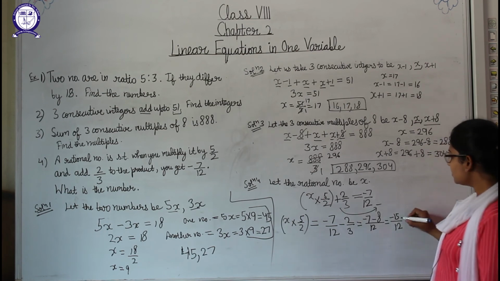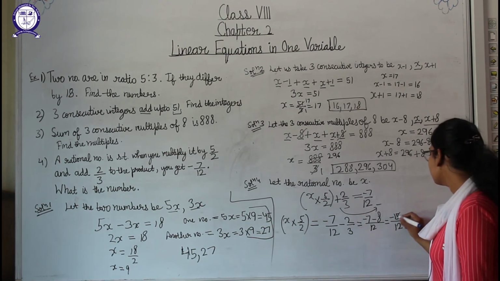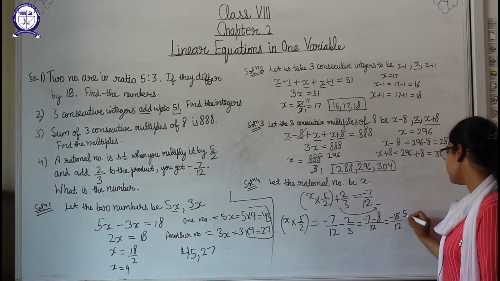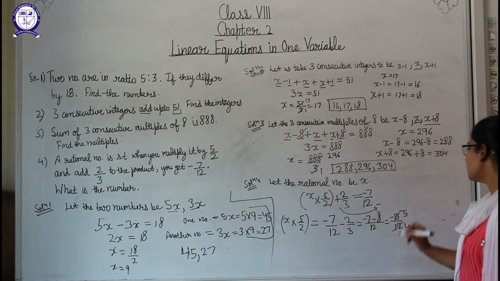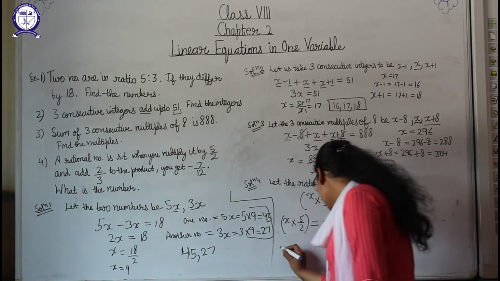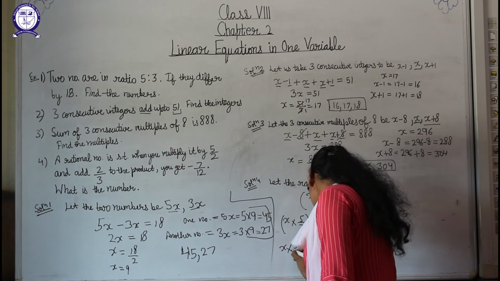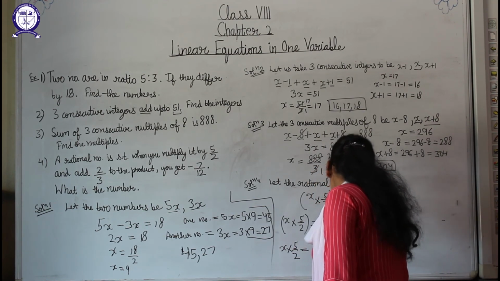Okay, and students, if you observe, this is 15 and 12 and both are divisible by 3. So we will divide them. So here 3 fives are 15, and as there is a minus sign, the minus sign will be here. 3 fours are 12. So we got minus 5 by 4. Means x multiplied by 5 by 2 is equal to minus 5 by 4.